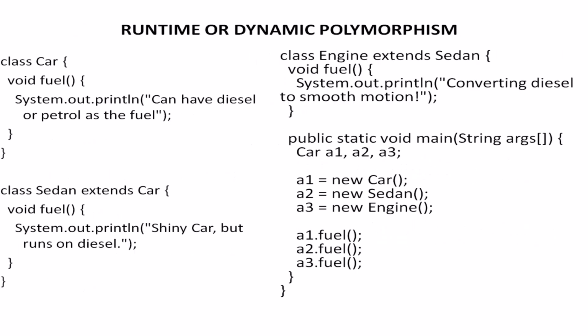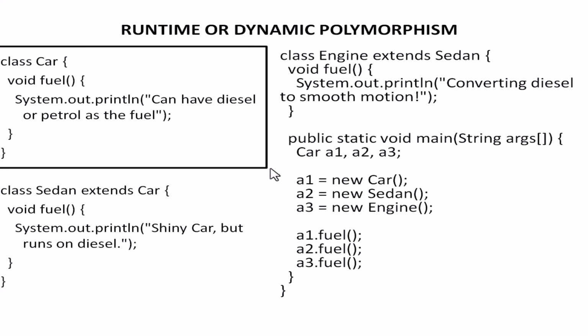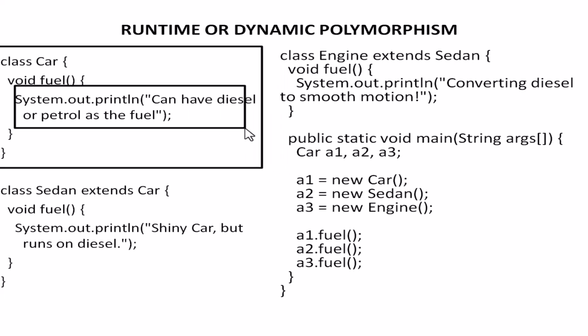Next one, runtime polymorphism. Runtime polymorphism means you are going to pass the variables during the runtime. For example, class Car. Here we call System.out.println in a method named fuel, in which we are printing some value.